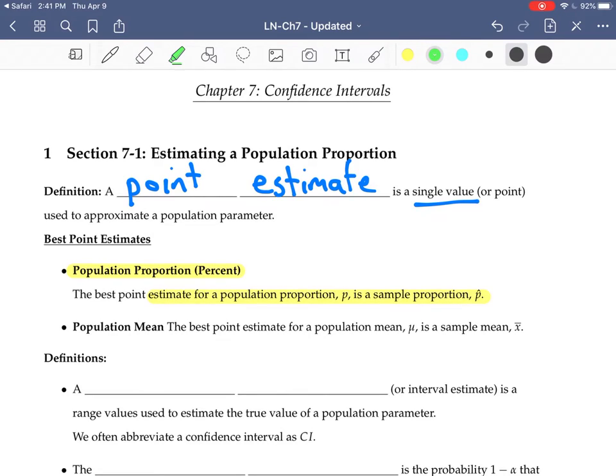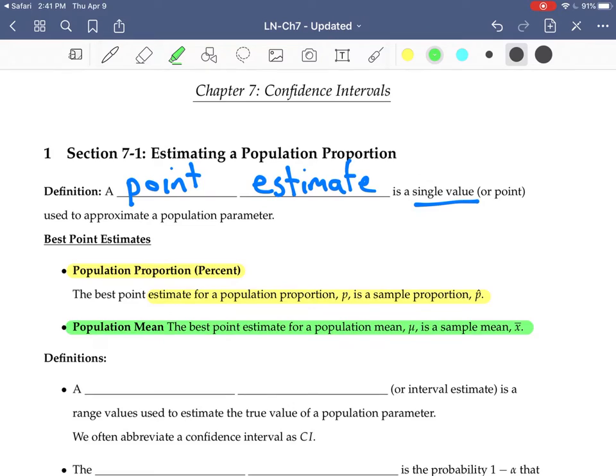Now, if we're trying to estimate a population mean, the best point estimate for a population mean is the sample mean. So if I want to know the mean weight of all jelly beans, I could take a sample of maybe 132 jelly beans, find the mean weight for that sample, and say, well, this sample has a particular value as a mean weight.